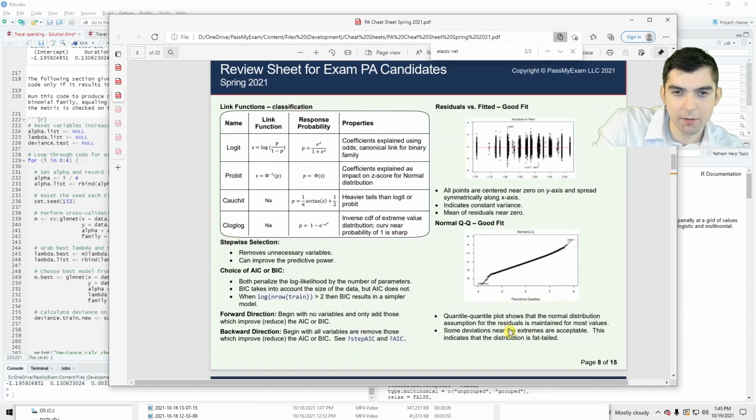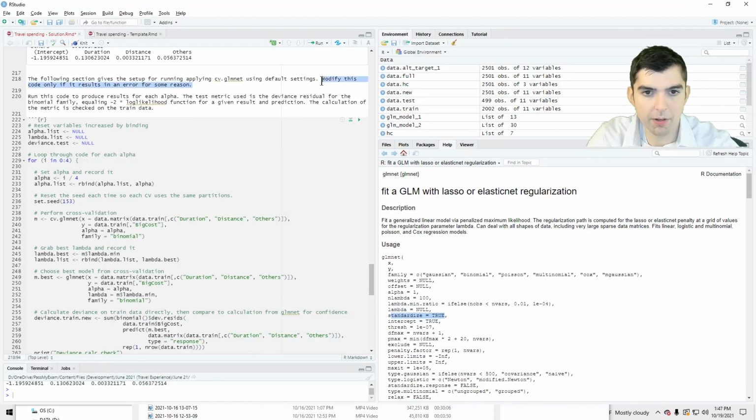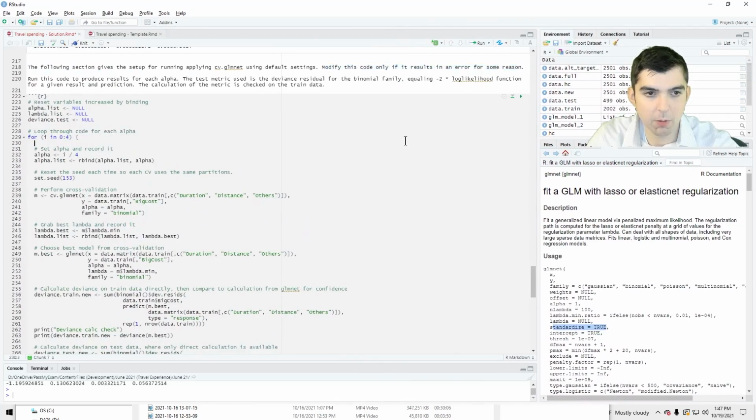And so, if you fit a GLM with a gamma response distribution, then the deviance residuals should be approximately normal. Just using this as an example to explain why it's telling you that it's using a deviance residual. And they say, modify this code only if it results in an error. So if we've done everything else right, we don't need to make any changes here.